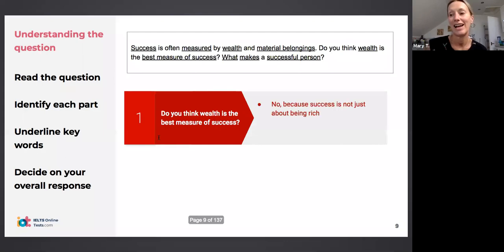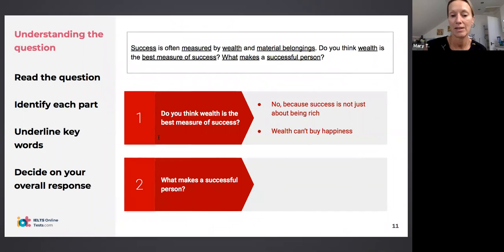Okay, so we decided no, because success is not just about being rich, because wealth can't buy happiness. Okay, so I'm not saying this is necessarily the correct answer, it's your opinion, but you need to back it up.